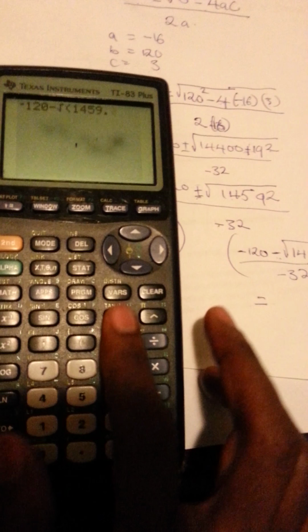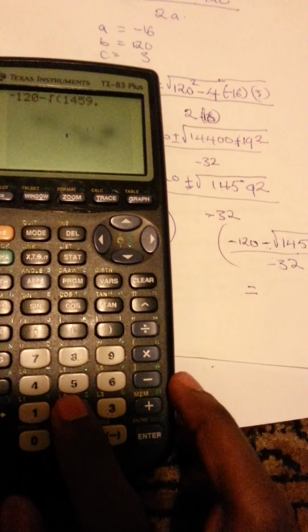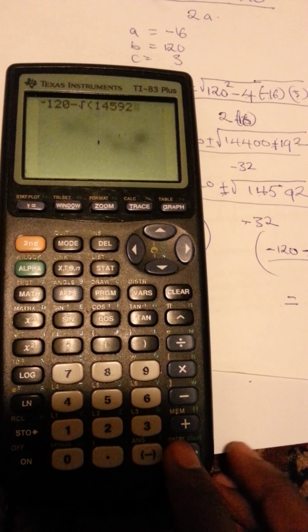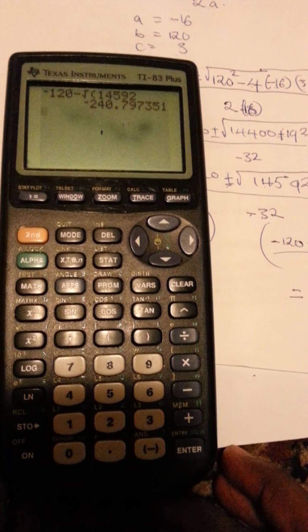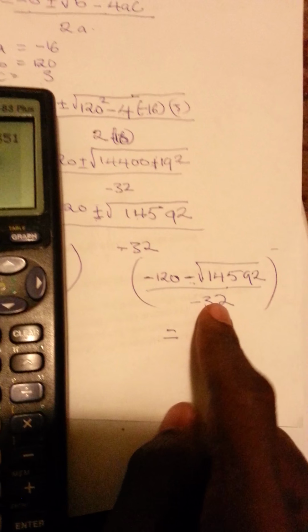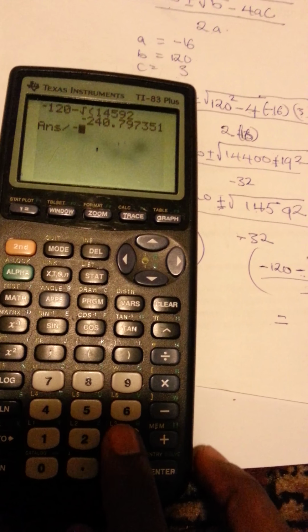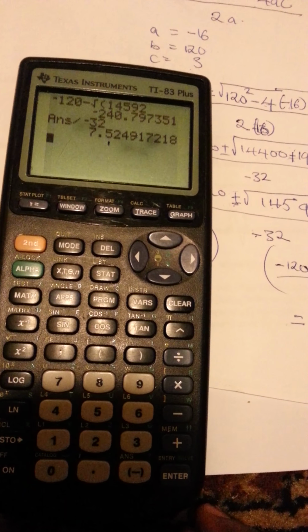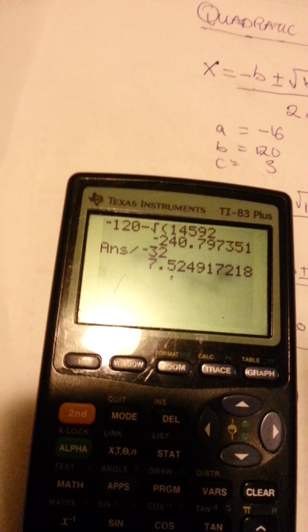So then hit enter, and we got the answer. Then the next thing I'm going to do is divide by negative 32. Then hit enter, and that is our next answer for this.